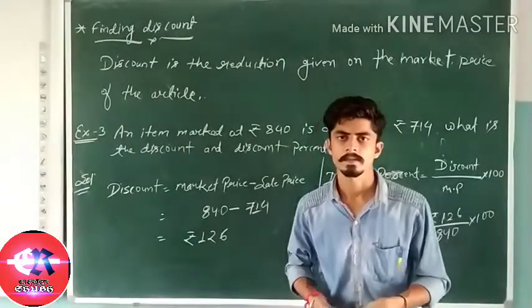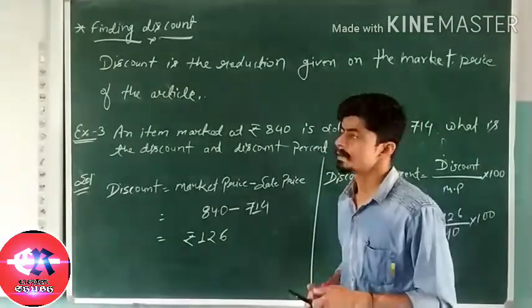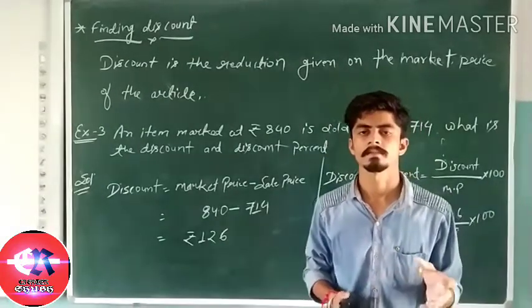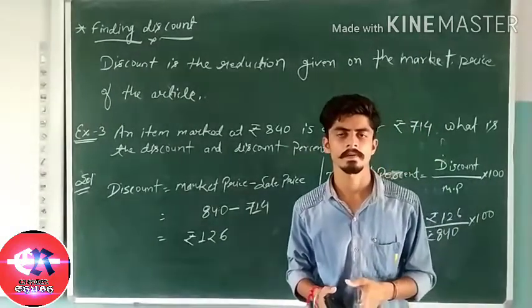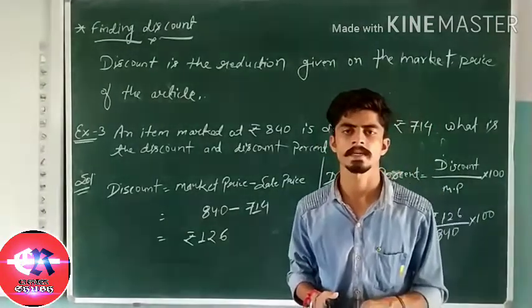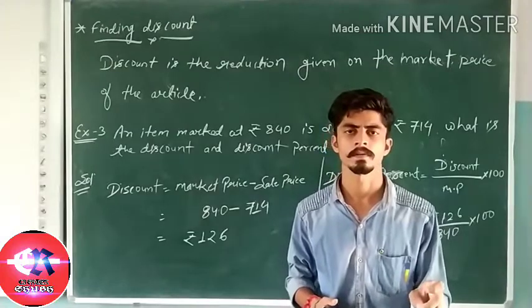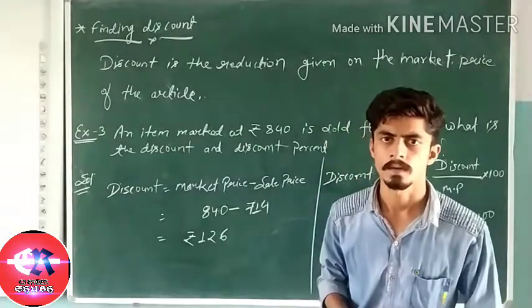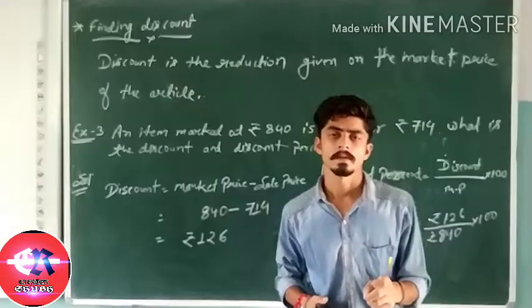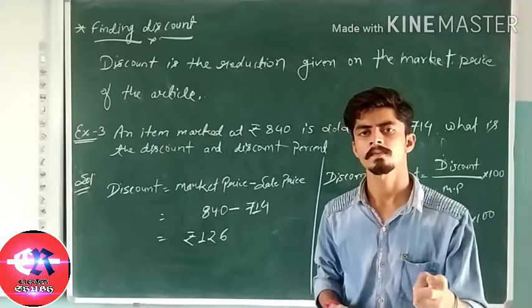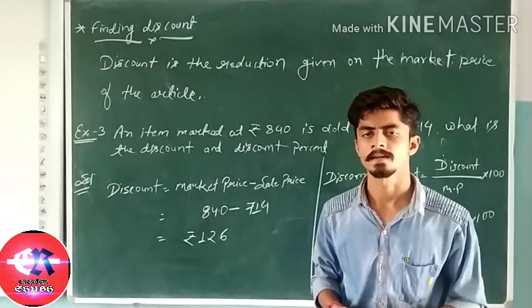The second topic is finding discount. What is discount? For an example, what we face in our daily life, if we are going to buy something, the shopkeeper tells us that a particular item is for rupees, suppose 1000, but after some time he sold that particular item for rupees 900.